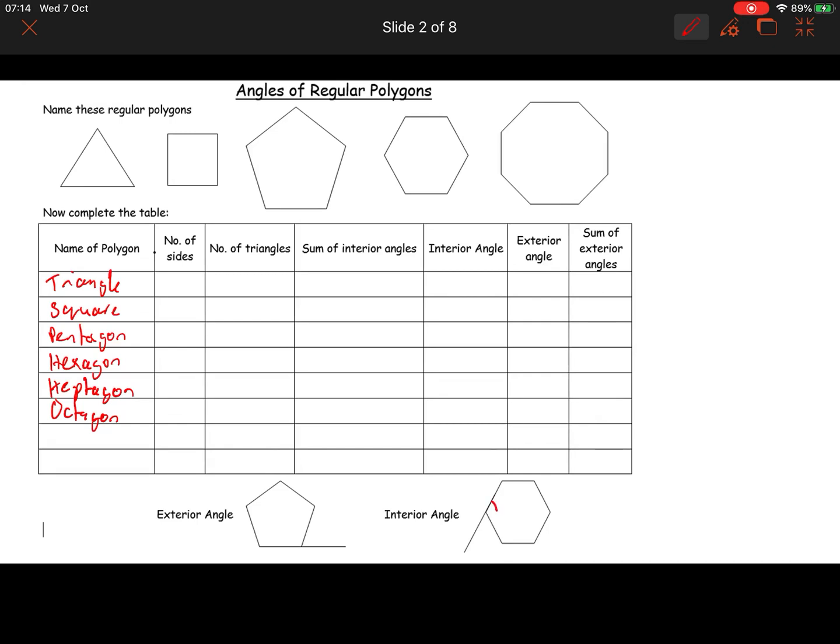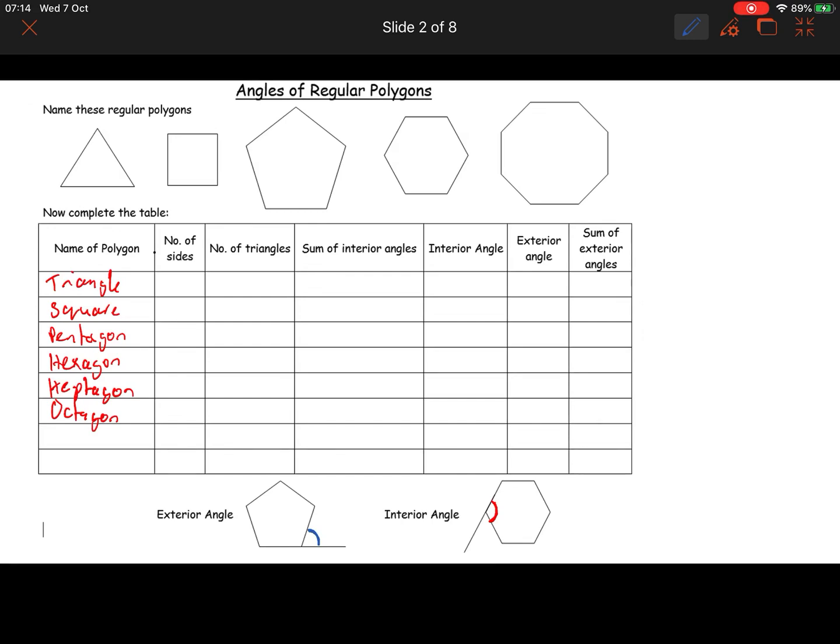Okay, let's just have a reminder of what an interior and an exterior angle is. Well, an interior angle is the angle inside the polygon, and an exterior angle is the angle outside the polygon, but only up to the straight line that's continued from the interior angle.